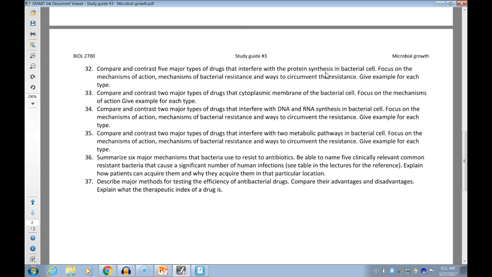What do you have to know about the drugs that inhibit protein synthesis? I'm going to ask you why they have such good selective toxicity. Why are drugs that inhibit bacterial protein synthesis highly specific against bacteria, not against humans? Ribosomes are different, yes. 70S versus 80S, so they have very different ribosomal structures. Does that make sense?